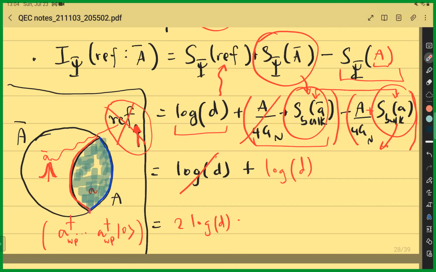No, I mean the log D contribution was coming from the wave packet, right? And here it's coming from the bulk entanglement. Yes. But that was an extra assumption that you're putting in, that you're allowing up to D excitations. If you allow D prime excitations, then the reference qubit that you would consider would also be of dimension D prime. Okay, yes. Thanks. So they're always of the same dimension. So it's either 0 or not 0. They either cancel or not cancel. Yes. Thanks.